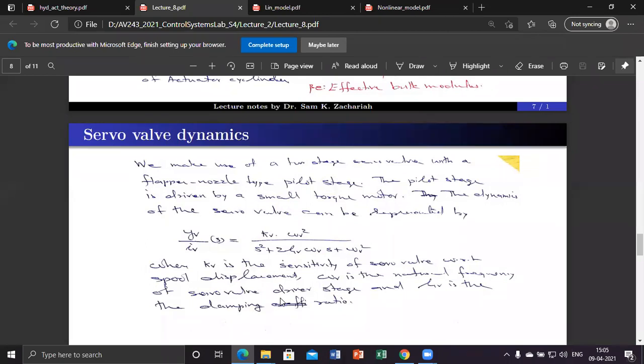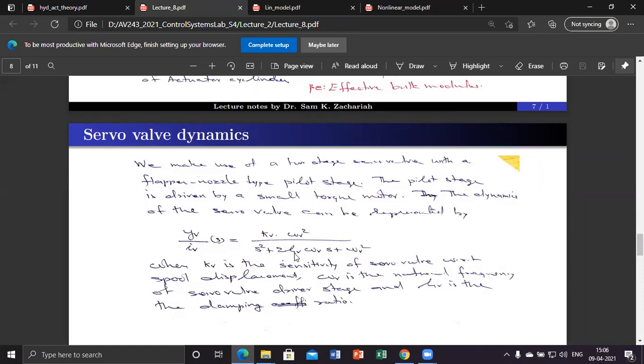This being a component, it should have at least one order higher bandwidth than the loop bandwidth. Otherwise, this will produce an additional phase lag into the system, reducing the stability margins. Hence, we normally use 50 to 100 hertz type of bandwidth. So omega V is in radian per second, so you have to multiply by 2 pi, 2 pi into 50 or 2 pi into 100.